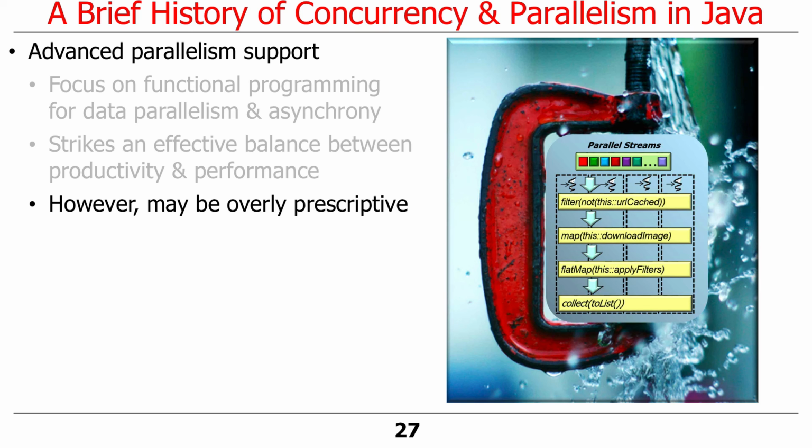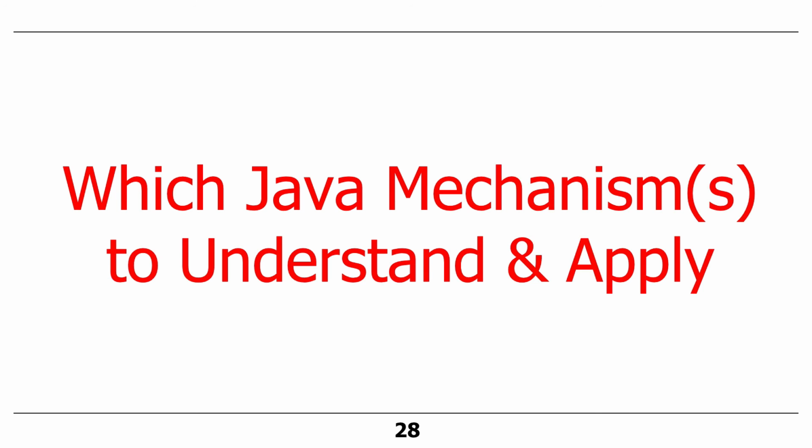So if your problem fits within the Procrustean bed of the abstractions that are provided with Java 8 parallel streams and completable futures, life is good. If you're writing code that doesn't fit within those Procrustean boundaries, then it may not work so well. So it kind of constrains you in ways that may not be appropriate.